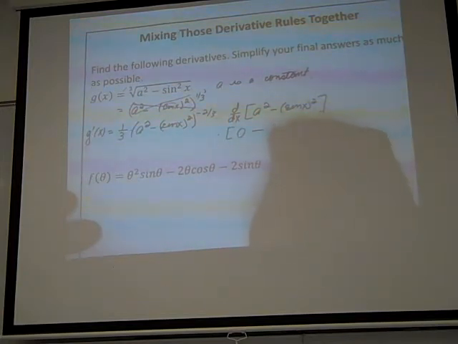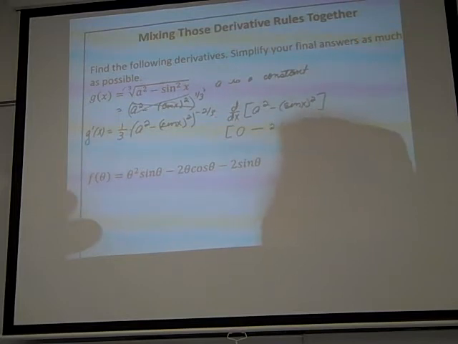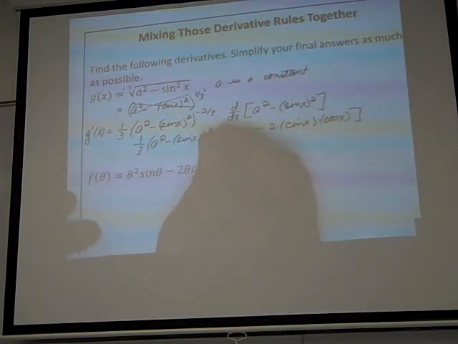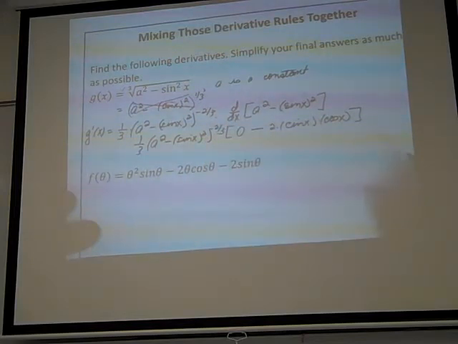That's a chain rule. So I bring the 2 down in front, times sine of x, times the derivative of the sine of x, which is cosine of x. And in front of all this, we have 1/3 times a squared minus sine of x squared to the -2/3 power.